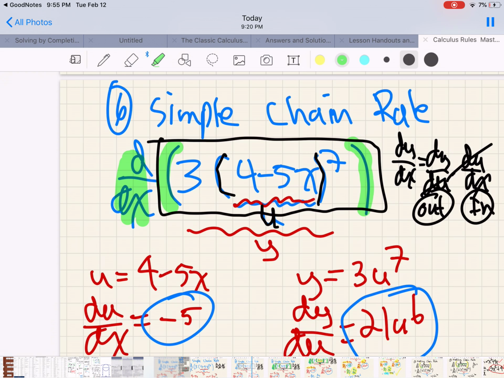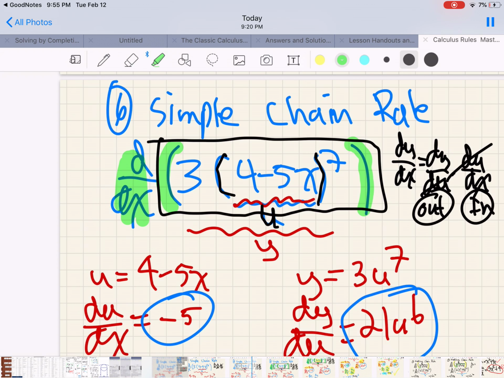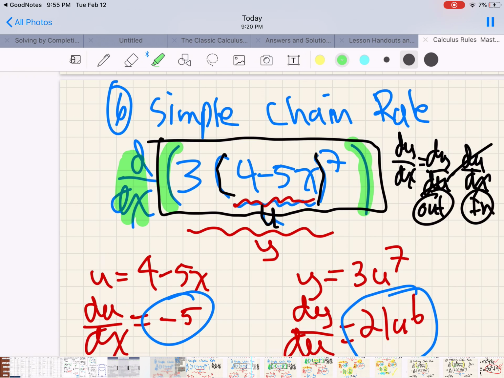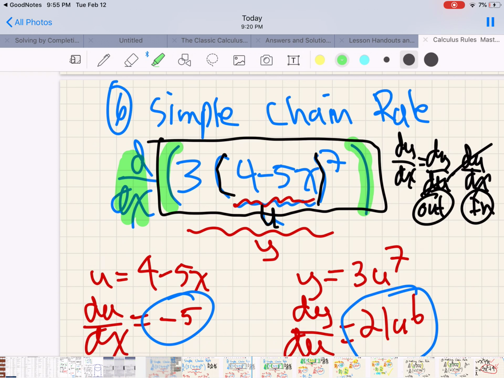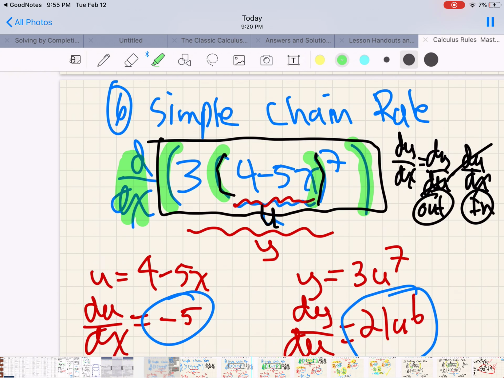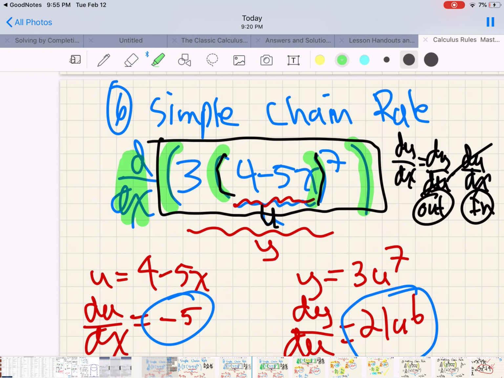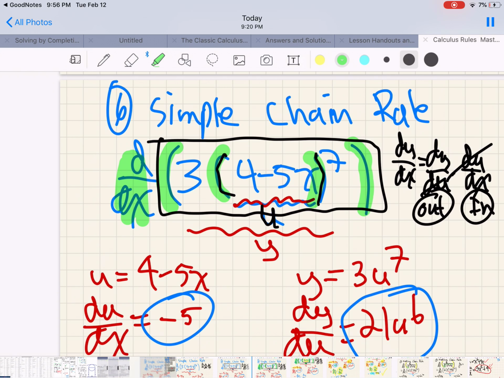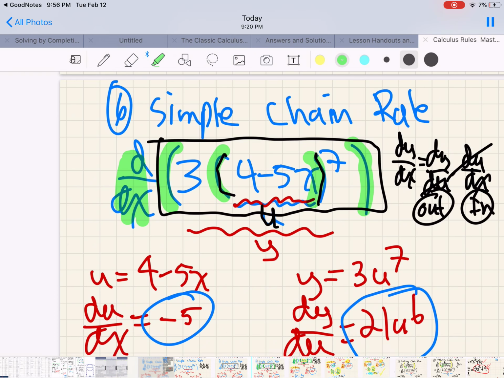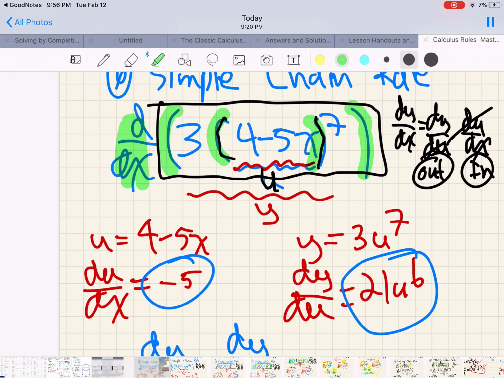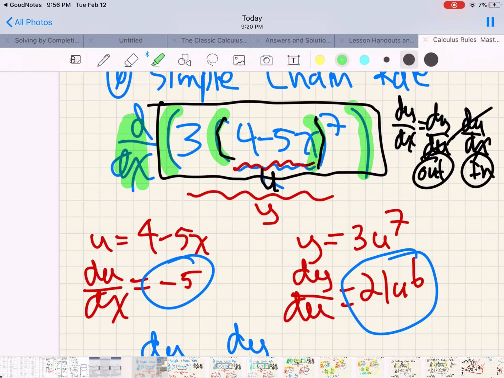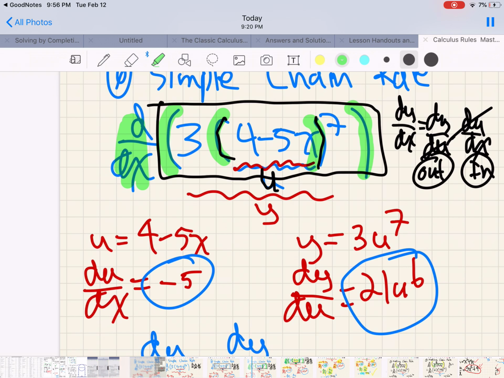Okay, so you can see if a function just has one set of brackets, like this one does, there and there, you're just going to have a chain rule with y and u. Remember, a square root symbol, by the way, is just like a set of brackets in terms of being a grouping symbol.